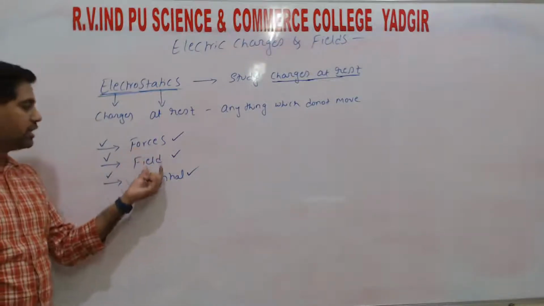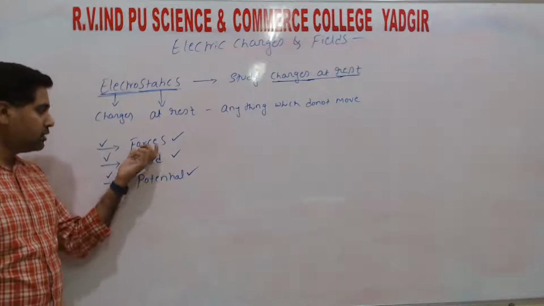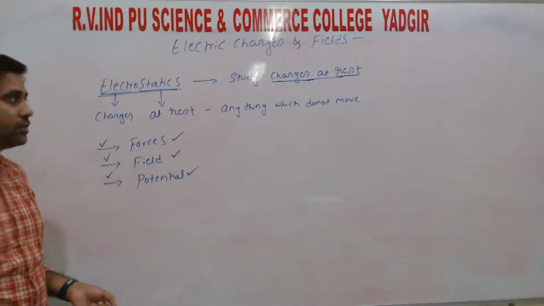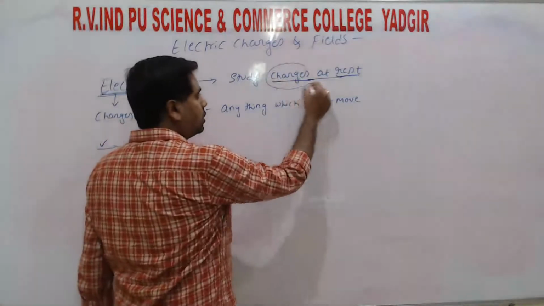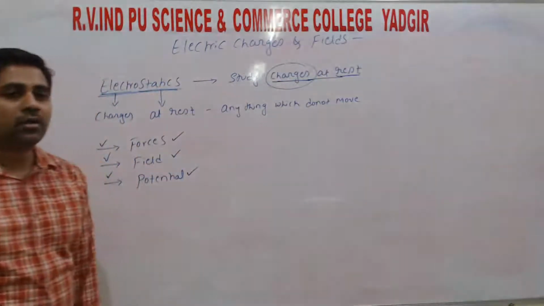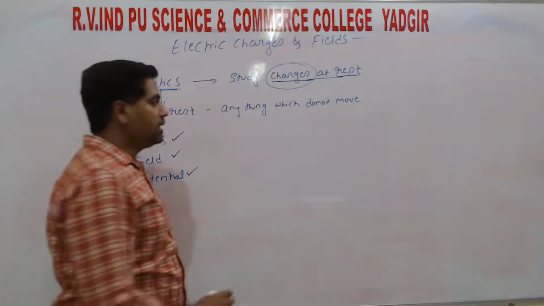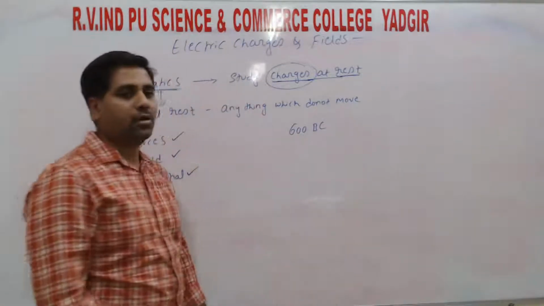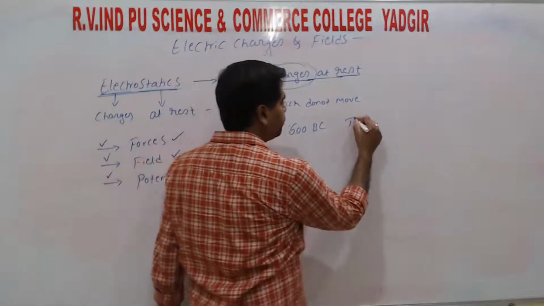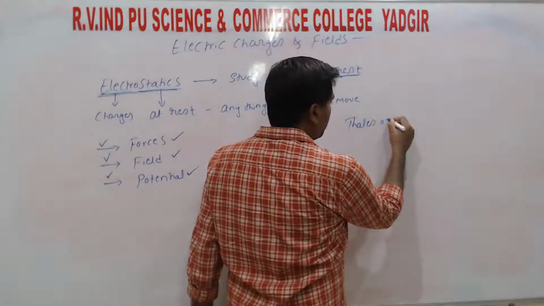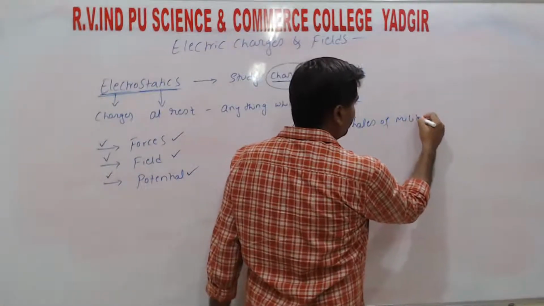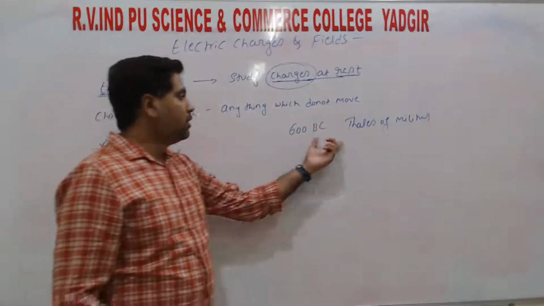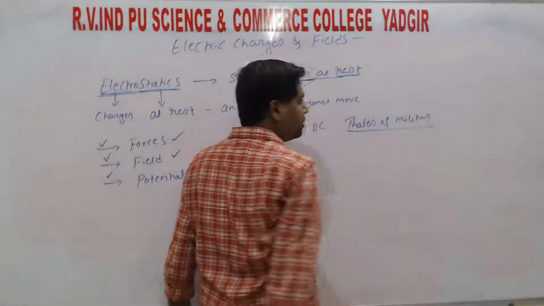Before studying these terms, that is forces, fields, and potential due to electric charges, first we have to know what charges are. Charges were first discovered around 600 BC by Thales of Miletus. He was a philosopher.